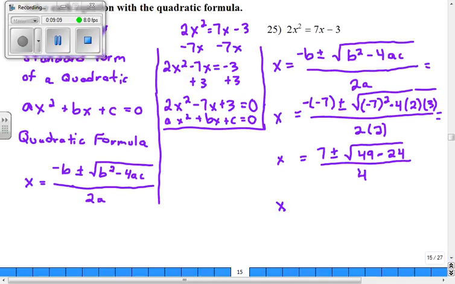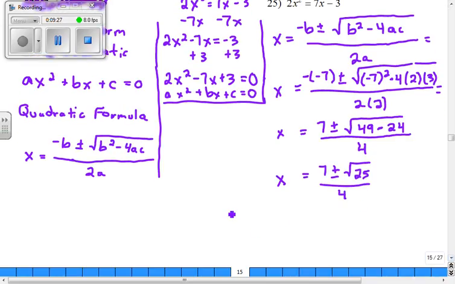Okay, so I have x equals 7 plus or minus the square root of, what is 49 minus 24? It's 25 over 4. Okay, x equals 7 plus or minus the square root of 25 is just 5 over 4.